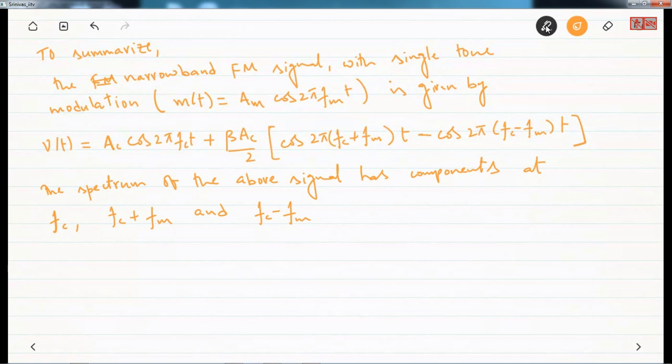Interpreting this in the frequency domain, you have a frequency component at fc because of this term, a component at fc plus fm because of this term, and a component at fc minus fm because of this term.